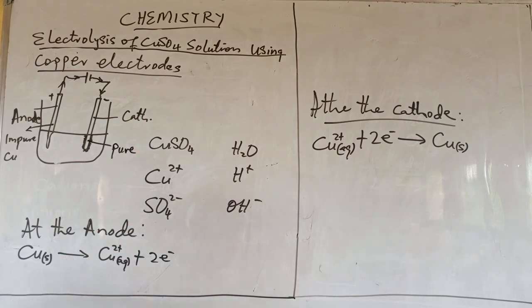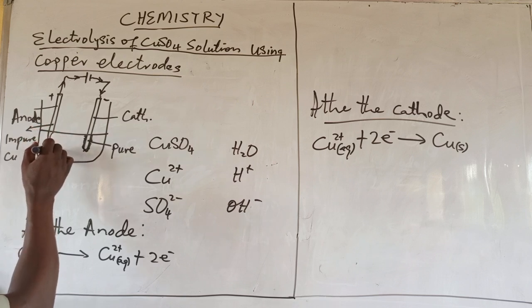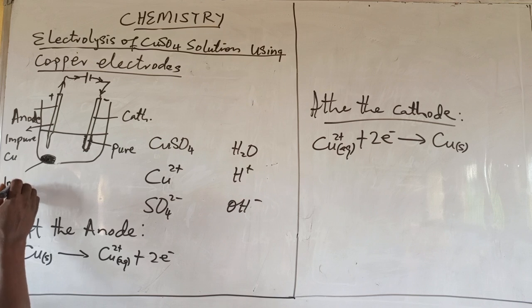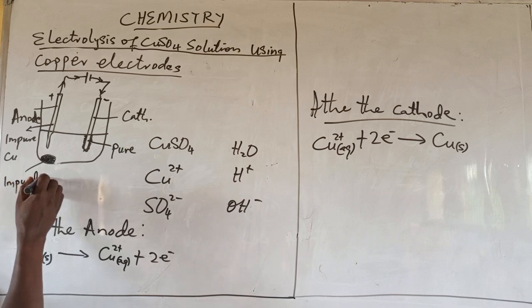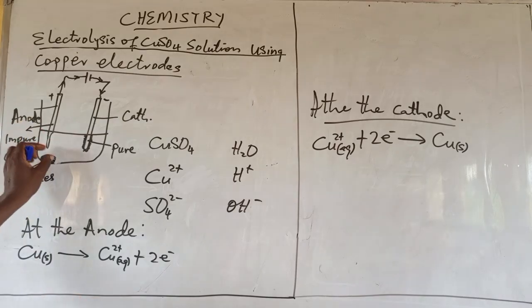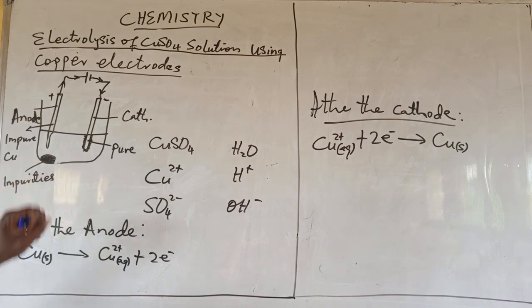So that as you are running this electric current through it, the pure one is leaving here, joining the pure one. So the impurities that are here, while this reaction is going on, will be falling down and settling at this place. So this is what? Impurities that are falling from this place. So it will not be part of this. Instead, they will settle down at the bottom of the beaker.